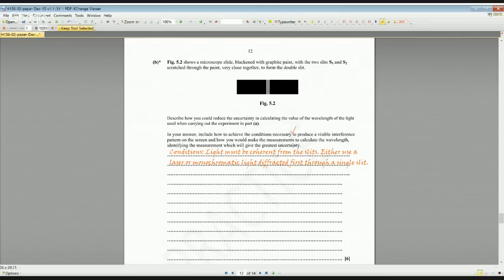How would we make the measurements, and which measurement will give the greatest uncertainty? So to take the measurements, we've got 3 things to measure. S1, S2, that is the gap between the slits. That's going to be measured. The mark scheme suggests you could use calipers or a micrometer here.